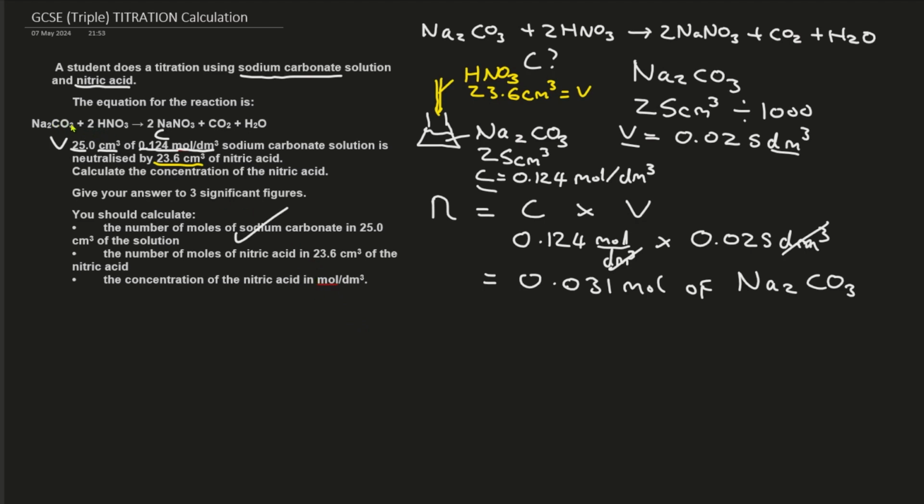Now, let's look at our equation, because we've got, for every 1 mole, well, you should just look over here, please. 1 mole of Na2CO3, we have 2 moles of HNO3. And that means that we have a 1 to 2 relationship. So 1 mole of Na2CO3, let's write down over here.